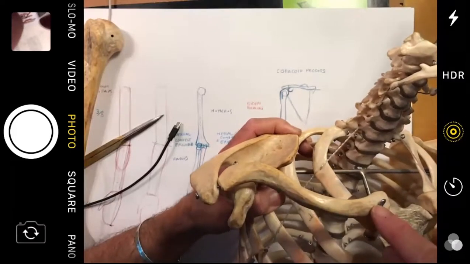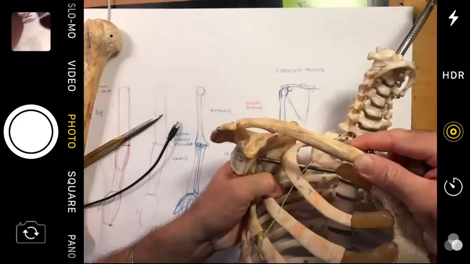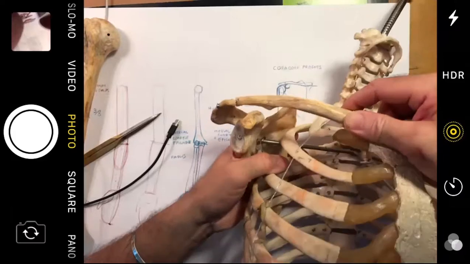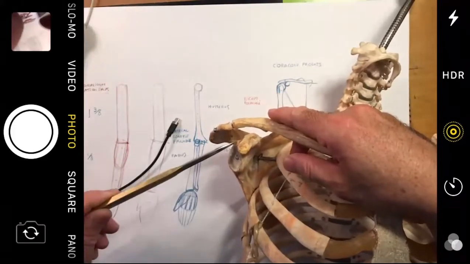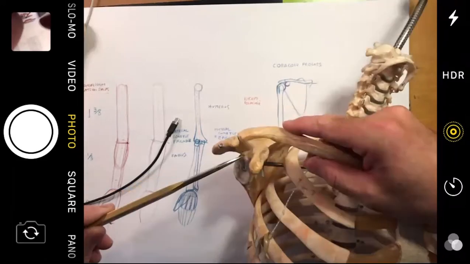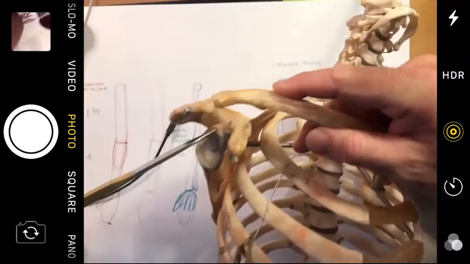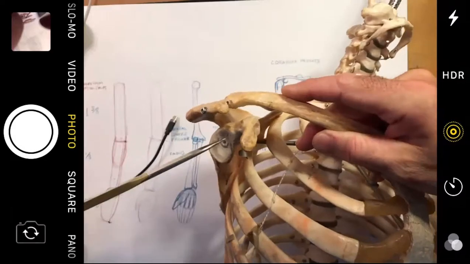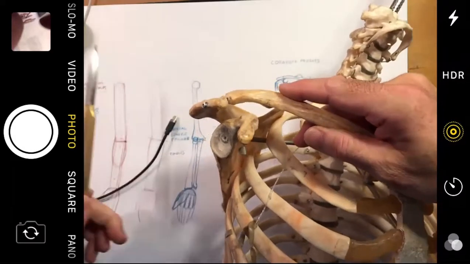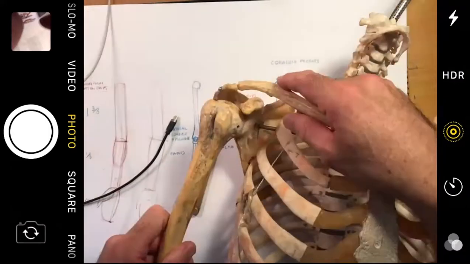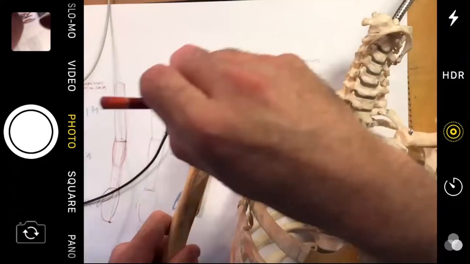So, one head of the bicep, the long head of the bicep, starts from here, just above the articular face of the scapula, here. The other head starts from here. So, one head will do this, from here, sorry, my hand is in the middle, right?